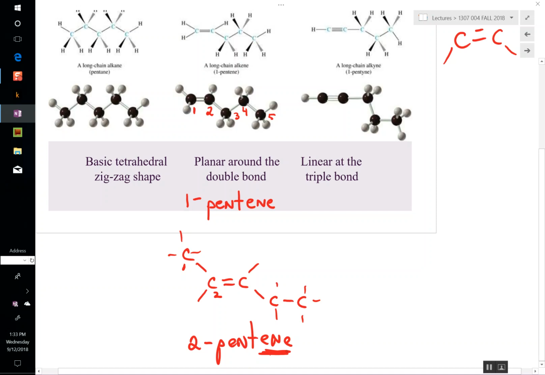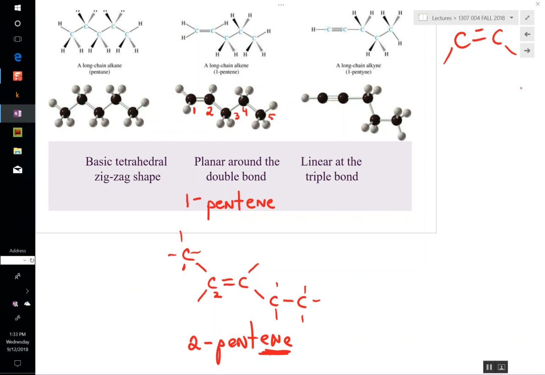We're not going to worry about whether this substituent is closer to that end than the double bond is to an end. We're going to focus on the double bond and then number the substituents accordingly. The double bond will take precedence. We'll get some examples of that. Okay, so that's 1-pentene.